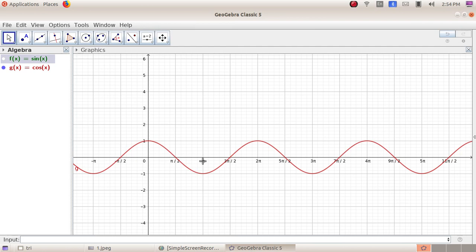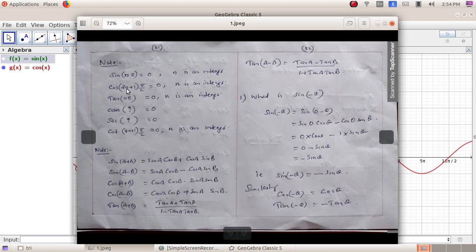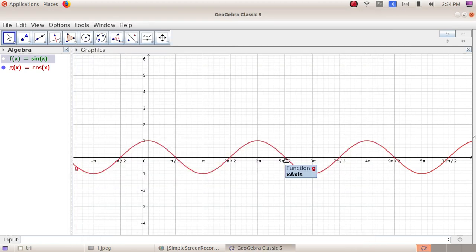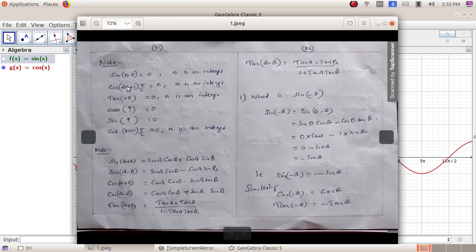So when n is equal to 0, pi by 2, n is equal to 1, 3 pi by 2, then what happens when n is equal to 2? 2 into 2, 4. 4 plus 1, 5. 5 pi by 2. Then what is cos 5 pi by 2? That is also 0. So this is the short form: cos (2n plus 1) pi by 2 equal to 0, where n is an integer.